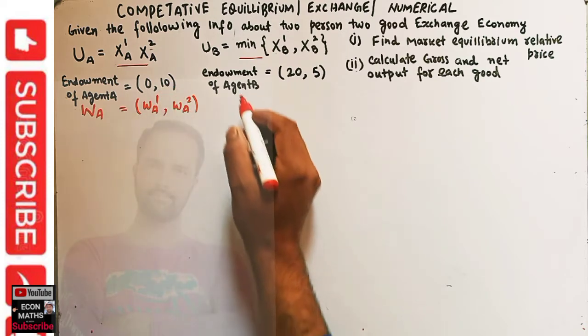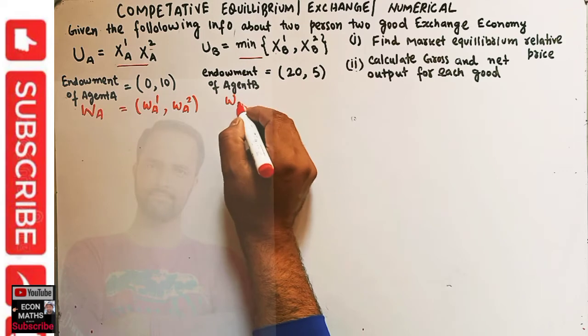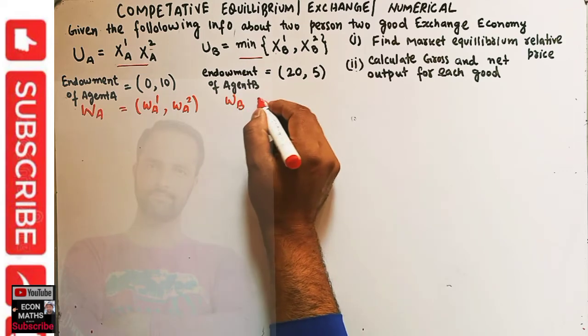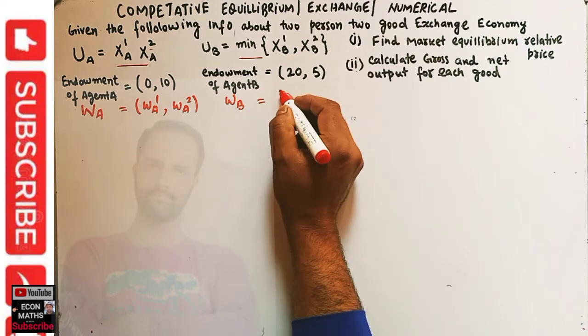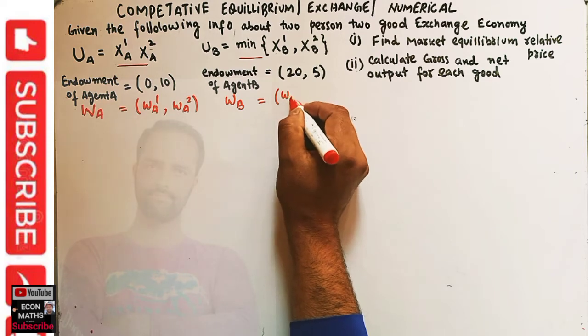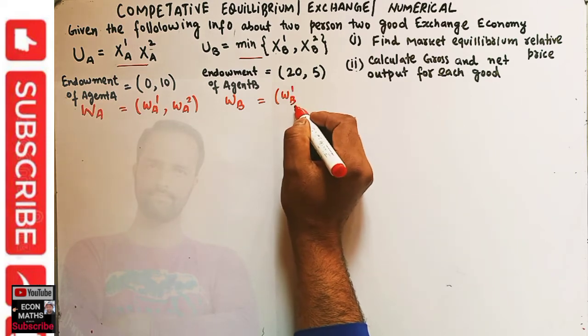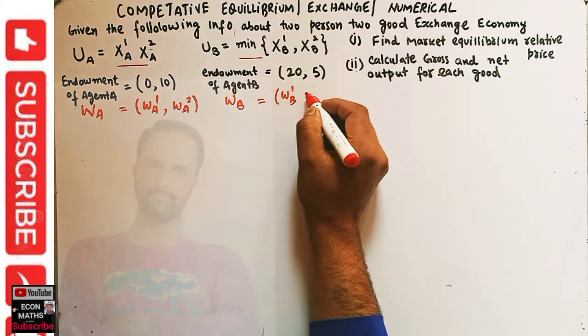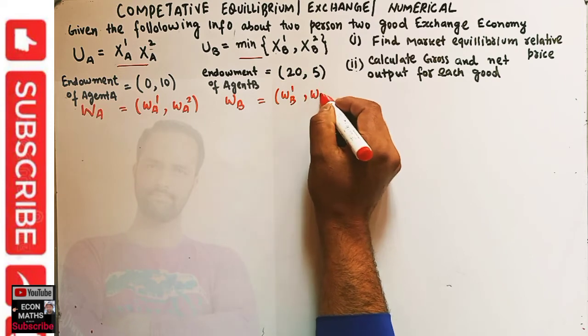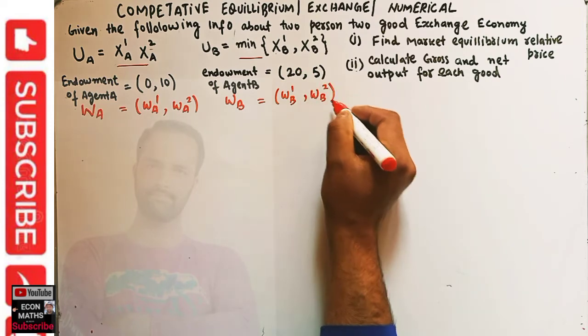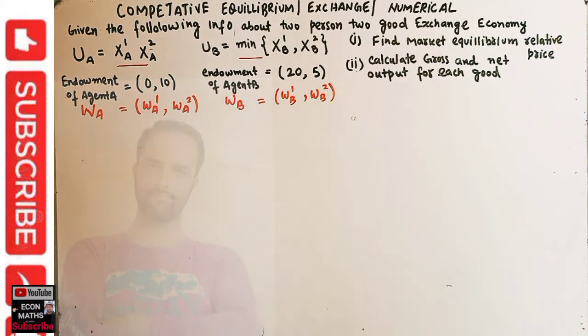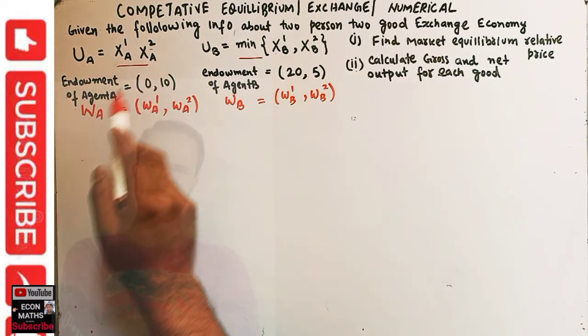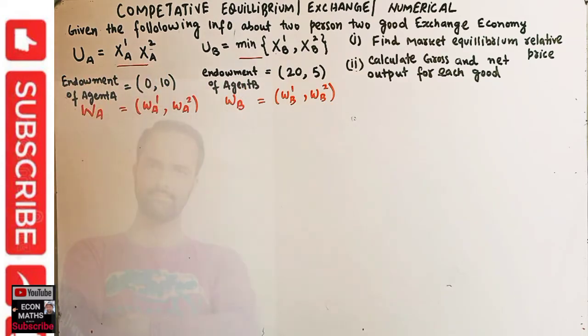Similarly, let's denote WB as the initial endowment of person B. WB1 is the units of good 1 person B has initially, which is 20, and WB2 shows the units of good 2 person B has initially. This is the utility function, this is the endowment vector.